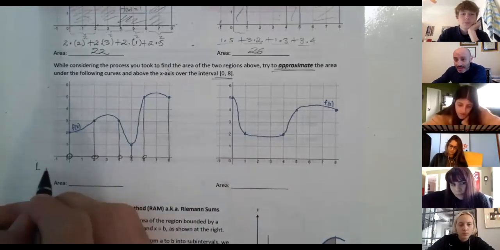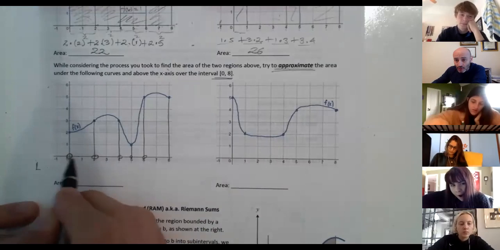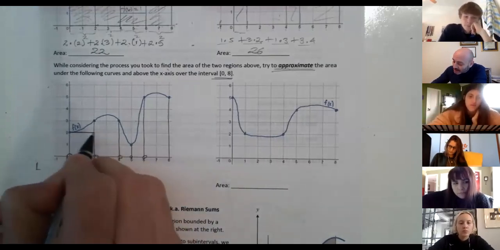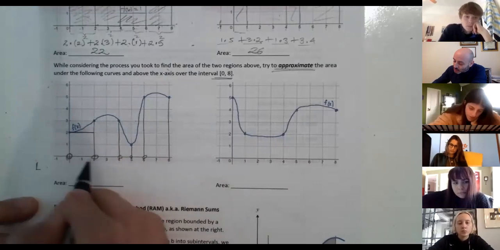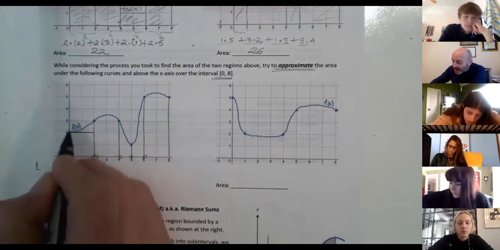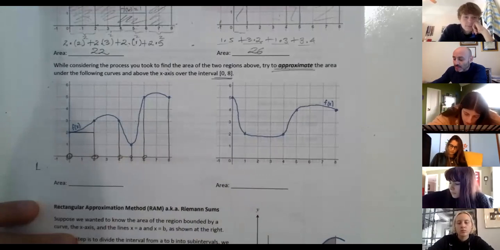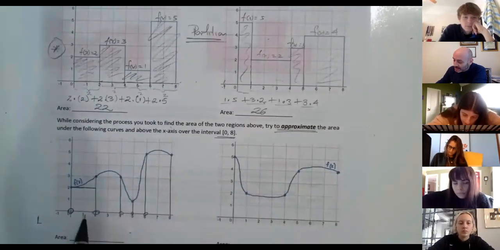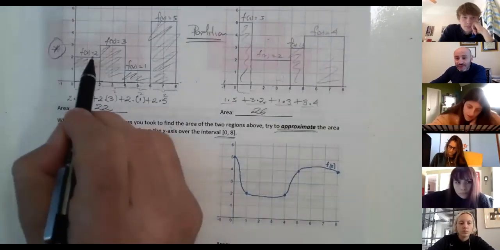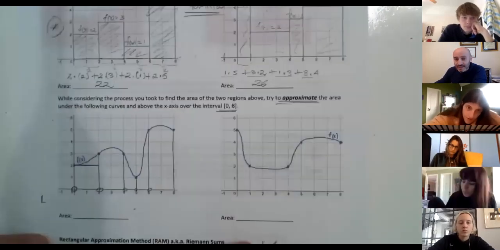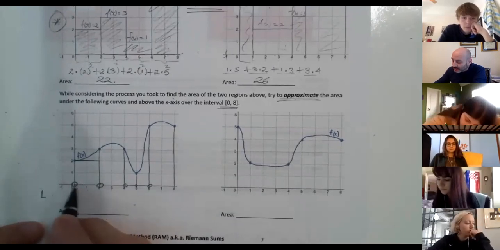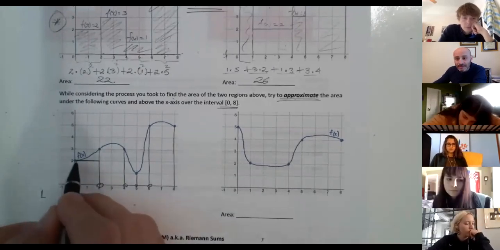So if I use the left endpoint of each subinterval, then these are the rectangles I'm going to get, because between 0 and 2, the left endpoint is 0, the height is there. Remember what we did up here. How did we find the area of the rectangle? The base times the function value. So in this case, I'm using the left endpoint to give me the function value, okay?